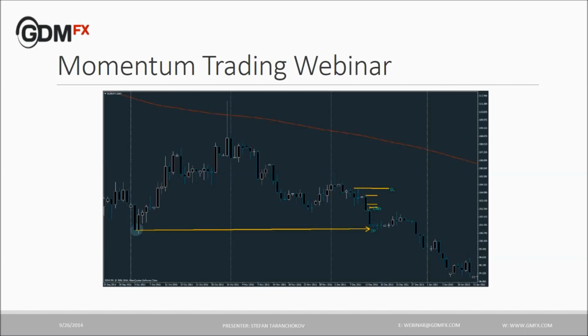So the reason I put the take profit at this level is seen on the daily chart. So this level was acting as an extremely strong support here.